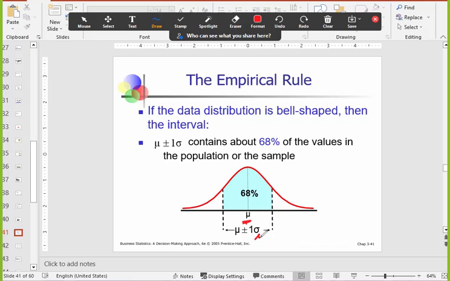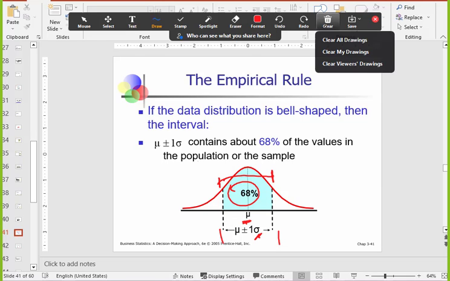We already have a guess of how the data is spread. We also now have a guess of the range within which the majority, 68% of the data, exists. In other words, out of 100 times, you will observe that your data is in between this range. Let's see the next slide.